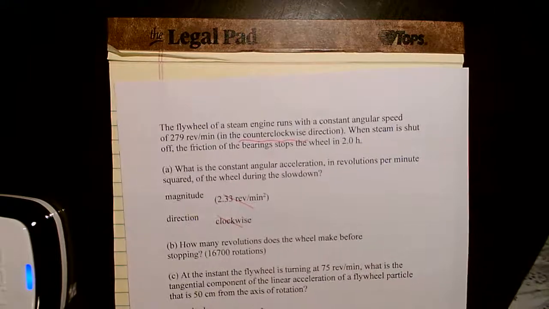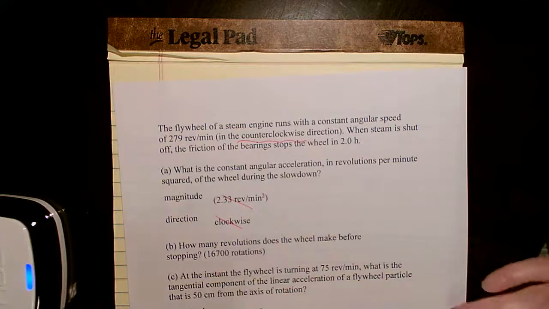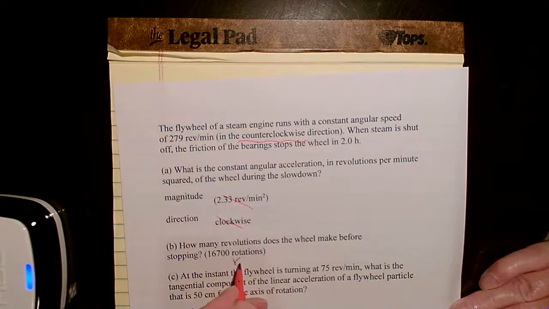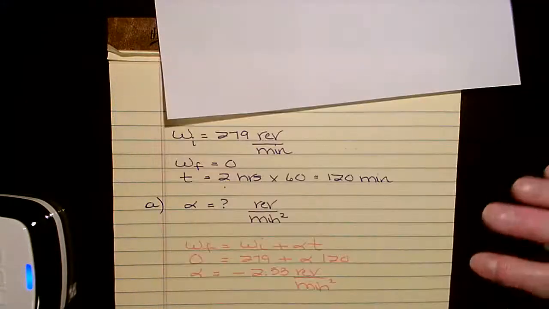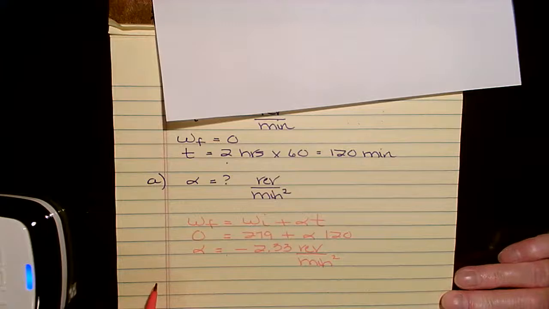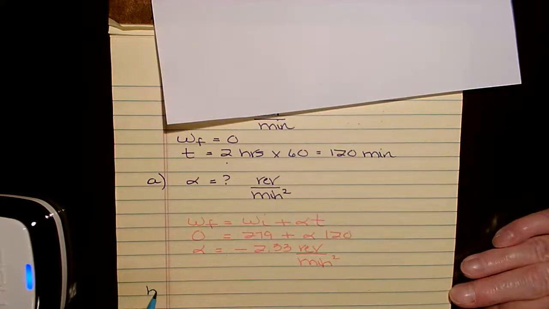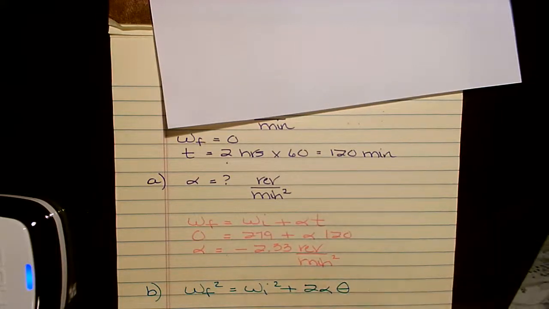All right, letter B says, how many revolutions does the wheel make before stopping? And they want the answer in rotations, which a rotation is a revolution. So I think we're okay with that. So I'm just going to stick with my revolutions in my minutes. I guess it doesn't really matter. So we'll do this. Omega squared equals omega naught squared plus 2 alpha theta.